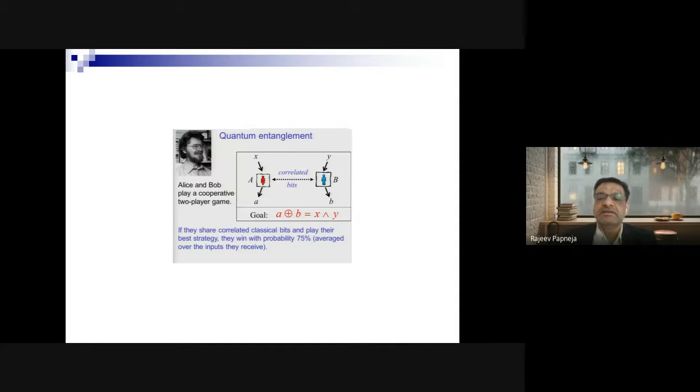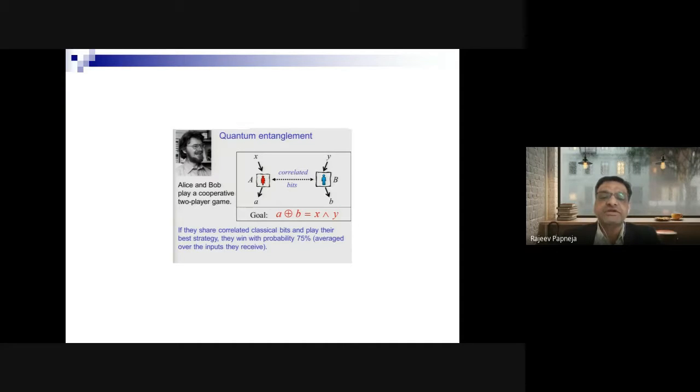But let us now consider a quantum version of the same game, in which before the game began, correlated qubits were distributed, just like we had correlated boxes, one on Earth and one on Mars.